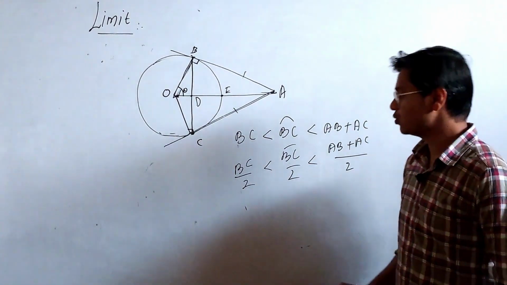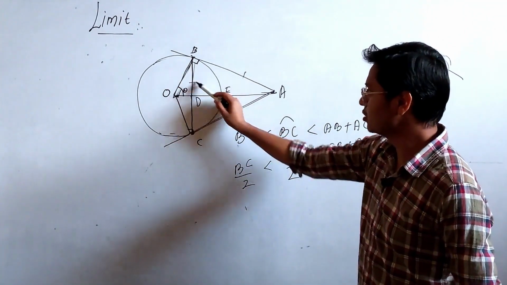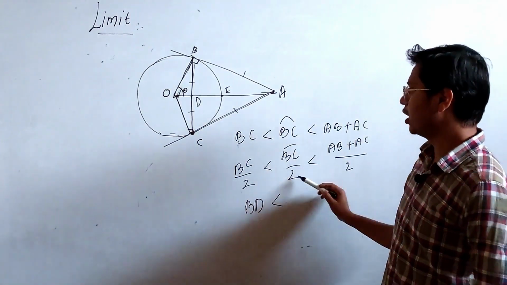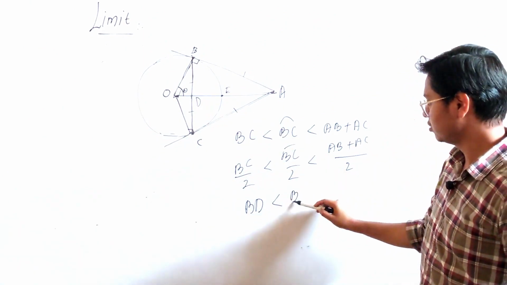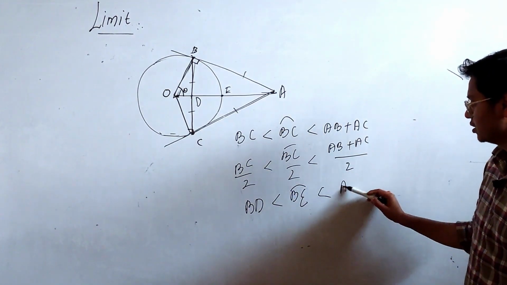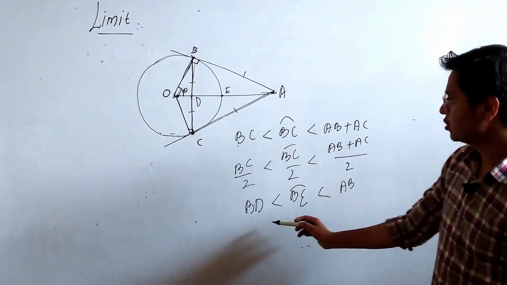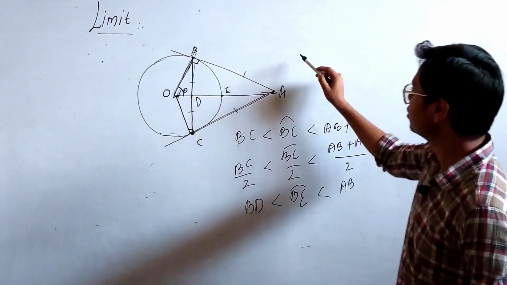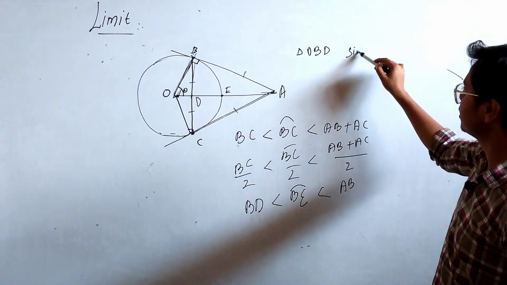Okay. So BC divided by 2 will become BD because these two are equal sides. Arc BC divided by 2 will become arc BE, and AB plus AC are equal, so this can also be written as 2AB divided by 2, so the 2s cancel and it becomes AB. Now in triangle OBD, we can calculate sin theta.